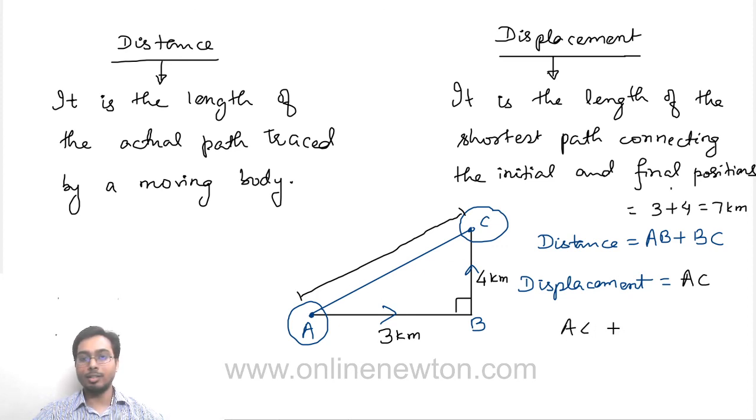So AC square will be AB square plus BC square. So AC square is equal to 3 square plus 4 square, which is 9 plus 16, which is 25. Taking the square root of that, it is going to be 5. So that's the displacement, 5 kilometers. Thank you.